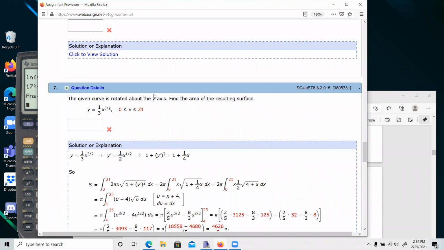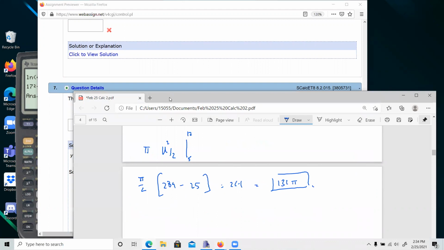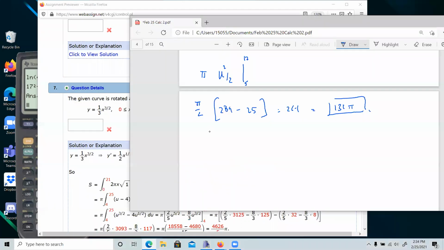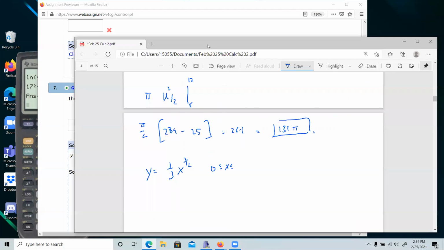So this one, oh, about the y-axis, fancy. Okay, so here we go. We've got y is equal to 1/3 x to the 3/2. Okay, and we are going to go from 0 to x equals 21.